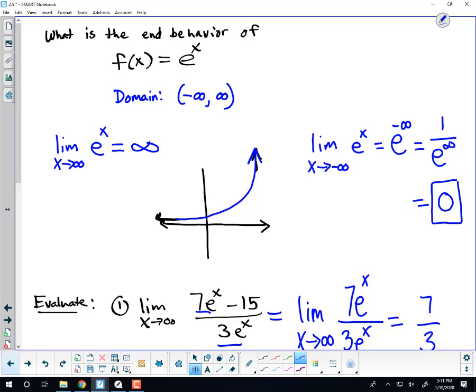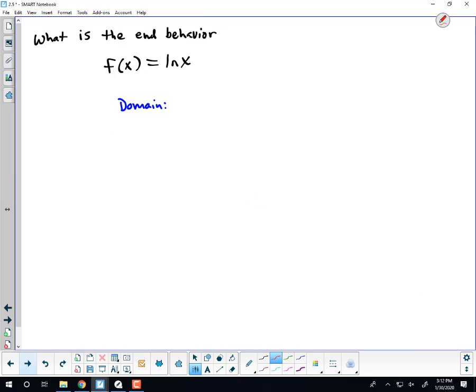So what is the range of this function here? Yeah, it's 0 to infinity. The range of this function is the domain of its inverse. So when we talk about the end behavior of the natural logarithm, it makes sense that we can approach infinity, but we can't approach negative infinity. It doesn't make sense.